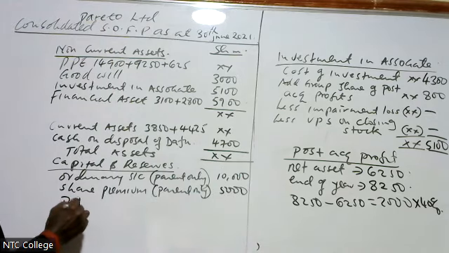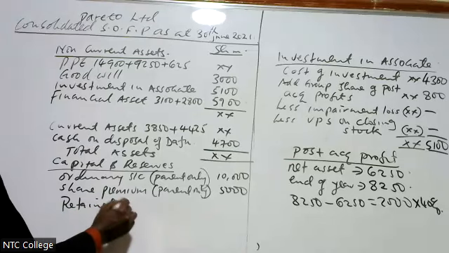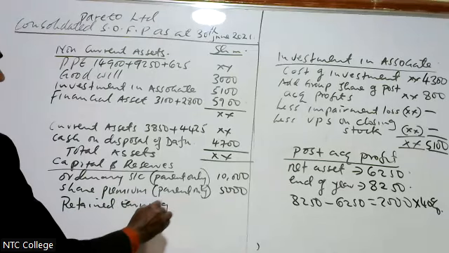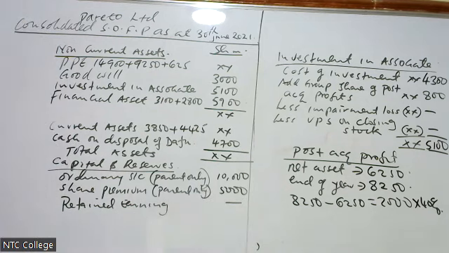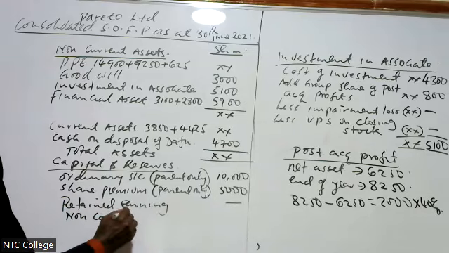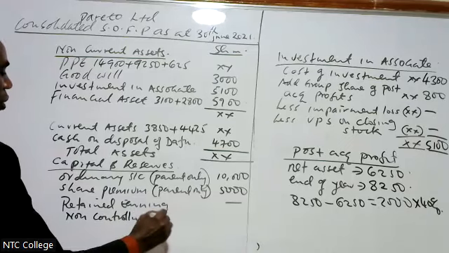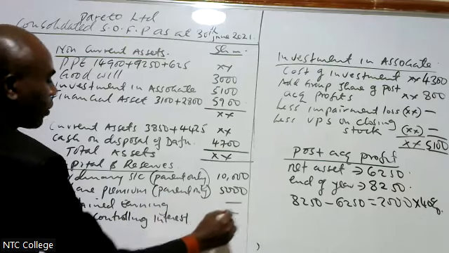Retained earnings. This one we have not done it. I say that we do it as our last working always. Non-controlling interest, we have not done it.